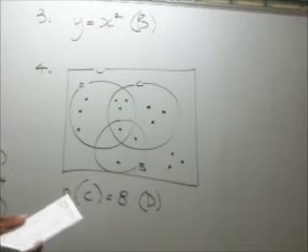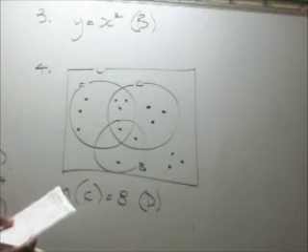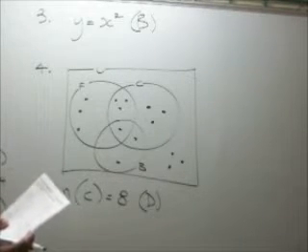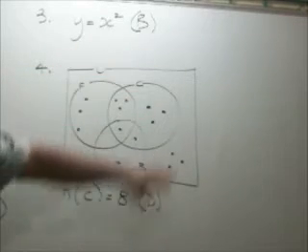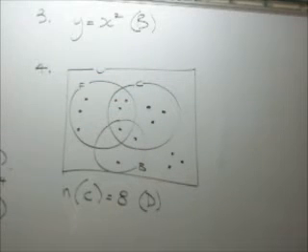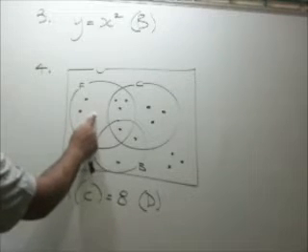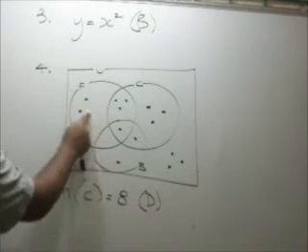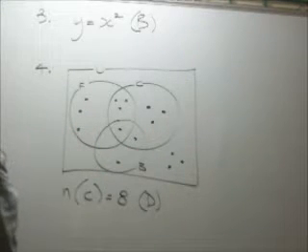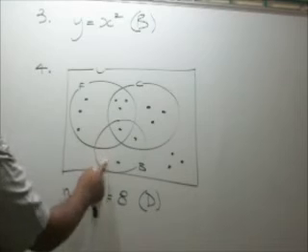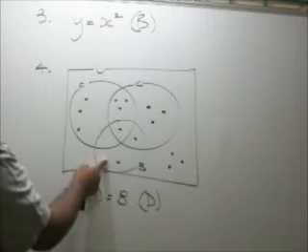Question 5 is related to the same diagram. It says how many boys of Form 1 play only one sport. The universal set is boys in Form 1. The people in this set over here play football only. The persons over here play cricket only. And the persons here play baseball only.